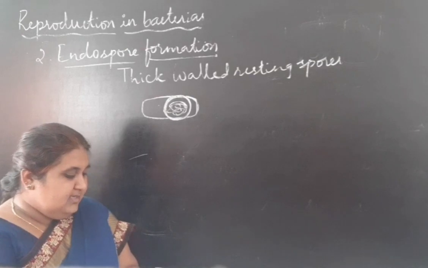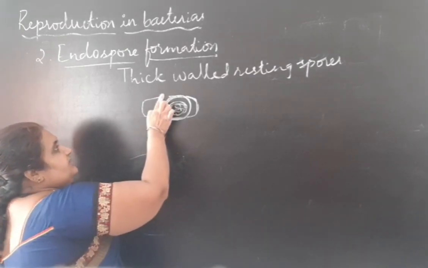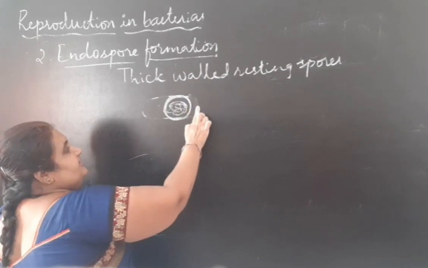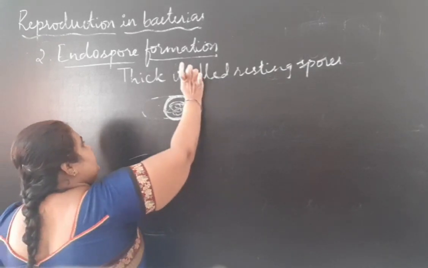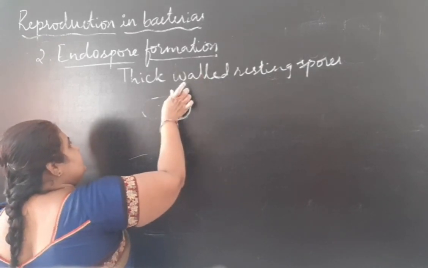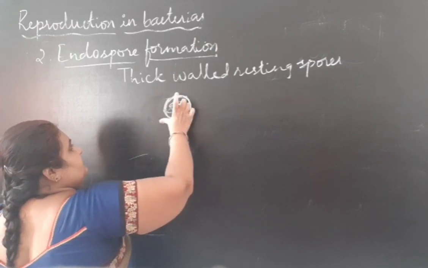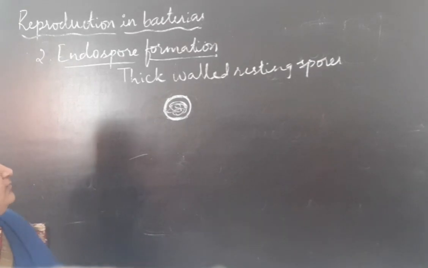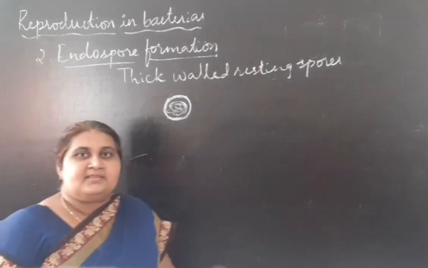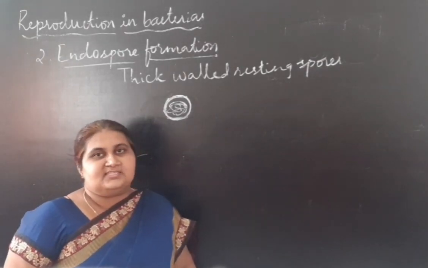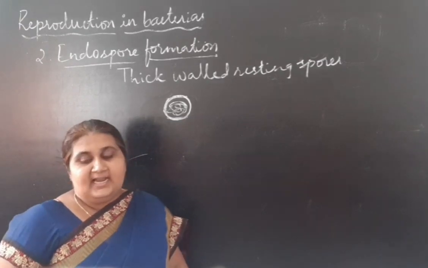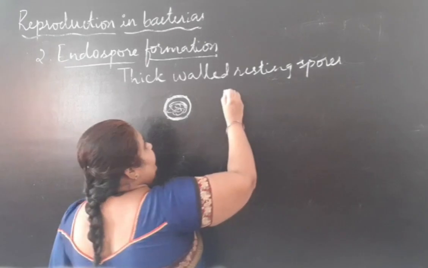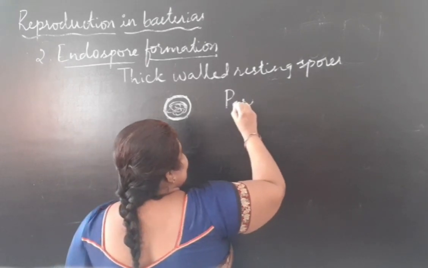Now what happened? The other part starts disintegrating. It gets disintegrated like this and is removed. So now a thick-walled resting spore is produced. And endospores are a means of perennation.